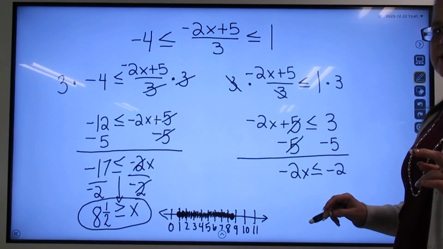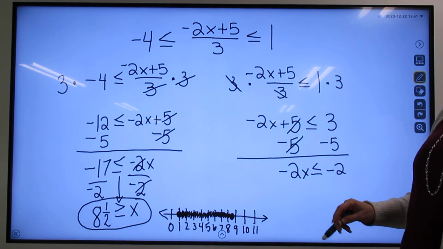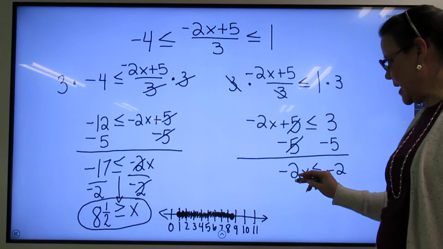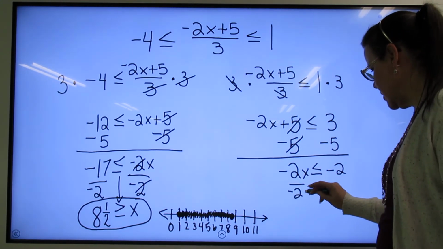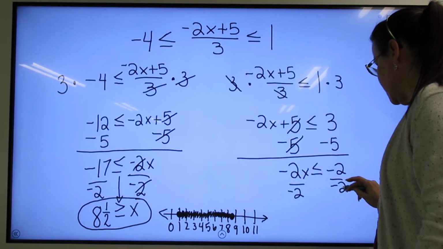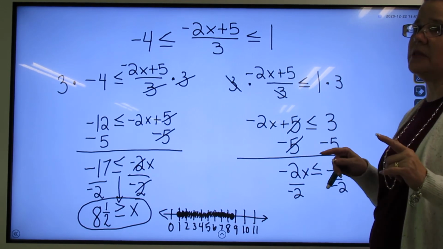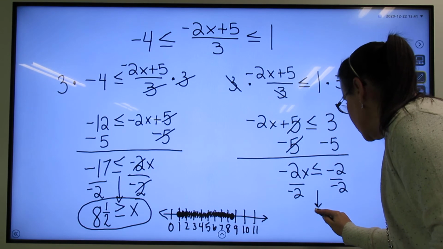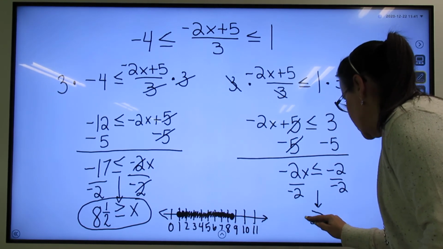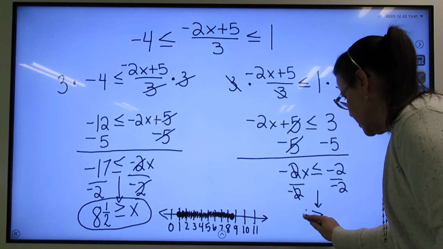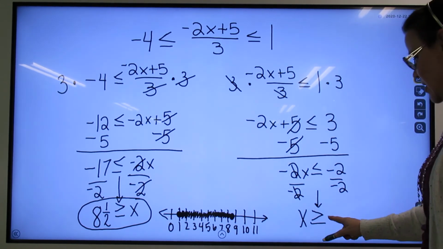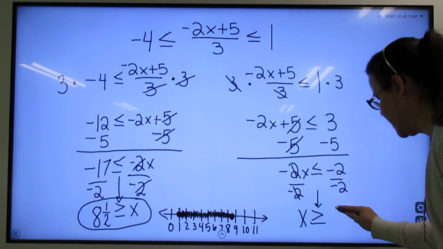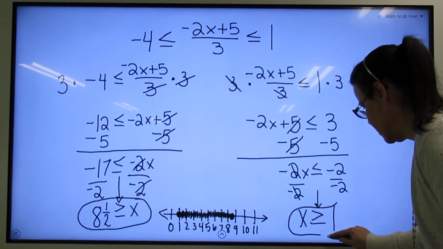But then I notice, now I got it. Why? Because I'm going to be dividing by negative 2 and a negative 2. And when I divide by a negative and I'm dealing with inequalities, I have to flip the sign. So I'm going to turn it into greater than equal to. Those 2's cross out. That becomes x is greater than equal to a positive 1.